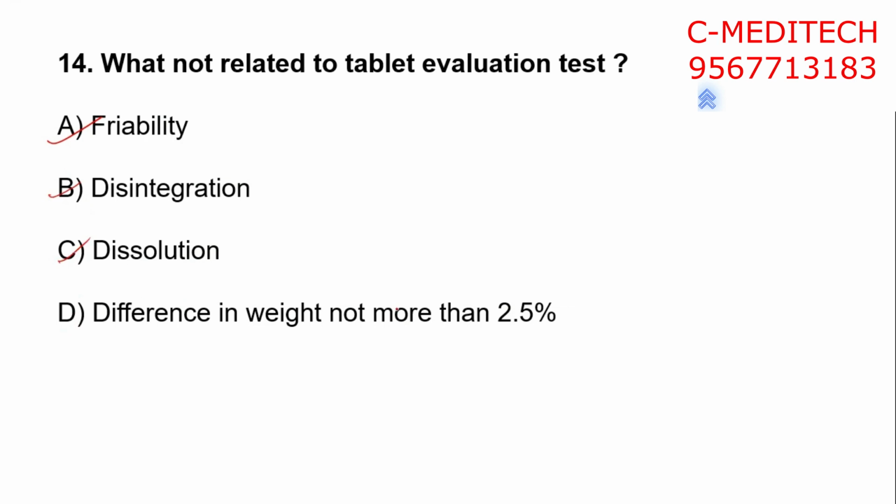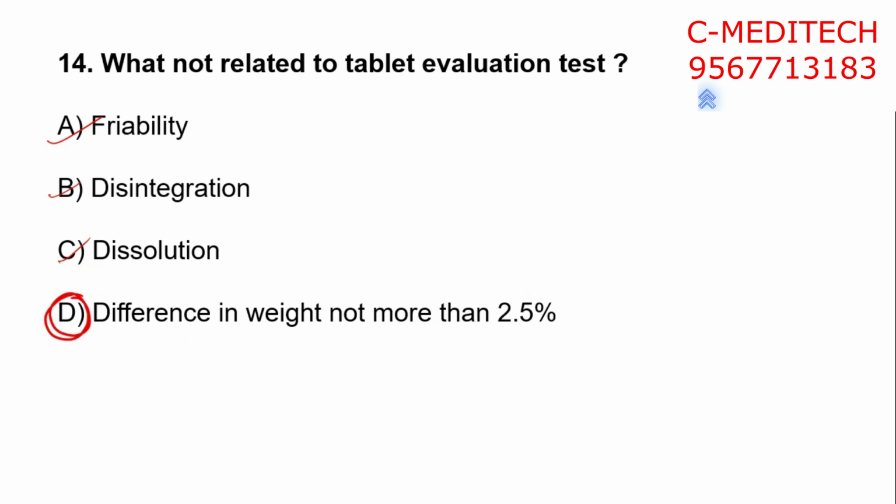And option D, difference in weight not more than 2.5%. Actually, there is a weight variation test, but that doesn't correlate with the option given. It is not more than 2.5%. So this is not a limit that can be related to any of the tablet evaluation tests. So it is option D, which is not related to tablet evaluation test. All the other three are related to tablet evaluation test.